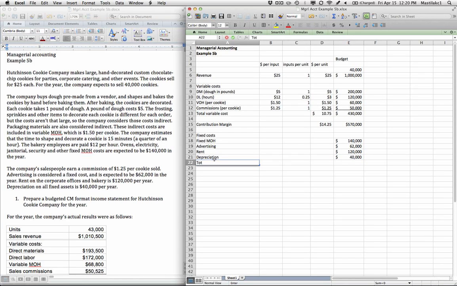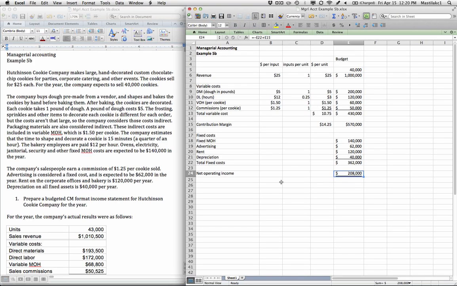So we've got total fixed costs of $362,000. And so our net operating income, we subtract $362,000 from $570,000, and we get a total budgeted net operating income of $208,000. So that's requirement 1, a budgeted contribution format income statement for the company for the year.